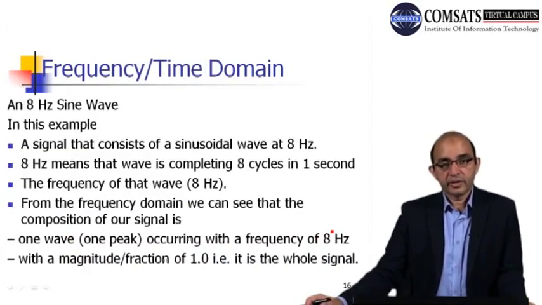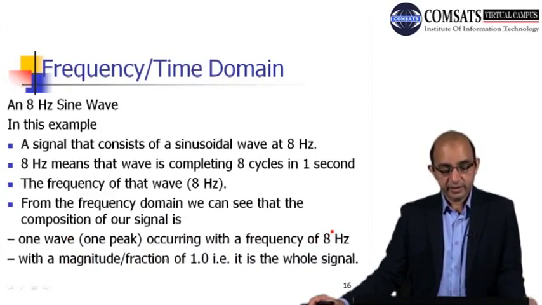Then we have another example of a sine wave that has a frequency of 8 Hertz. 8 Hertz means that the wave finishes 8 cycles in a unit second, so the frequency of that wave is 8 Hertz.